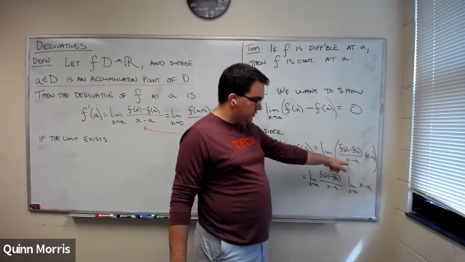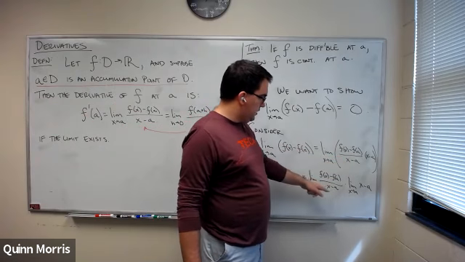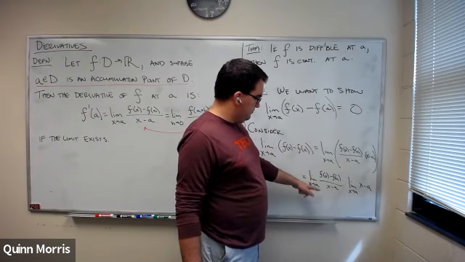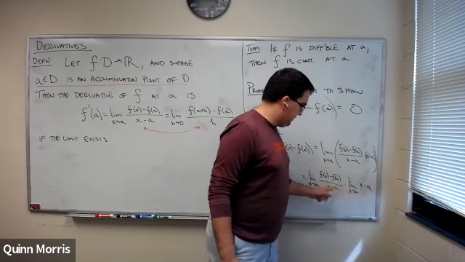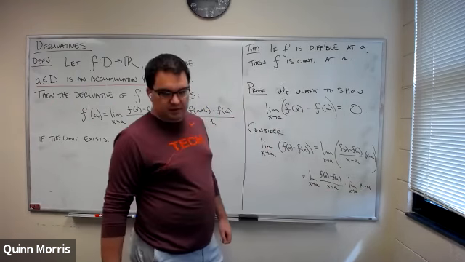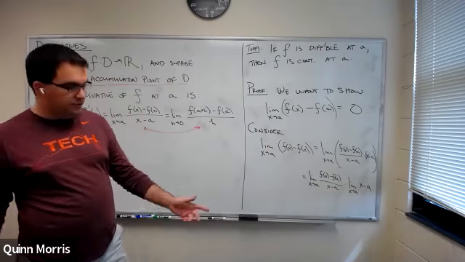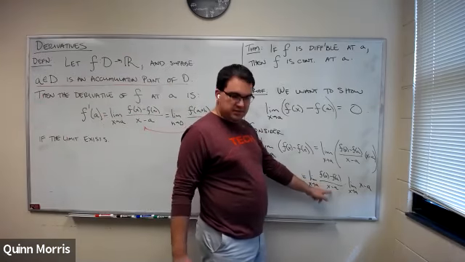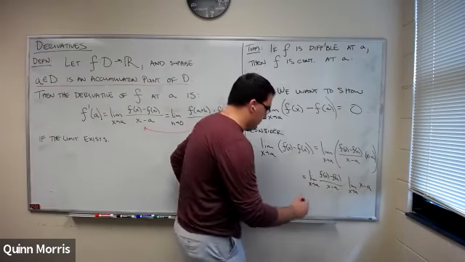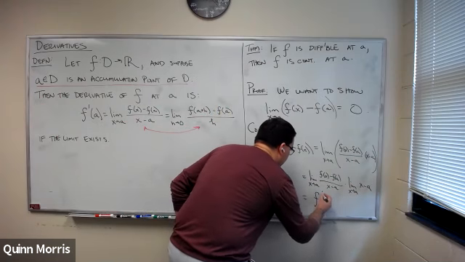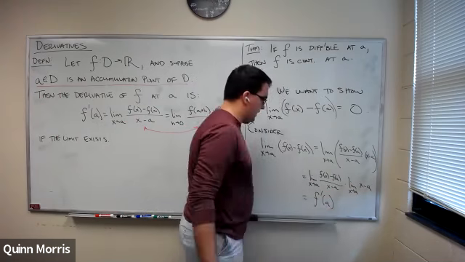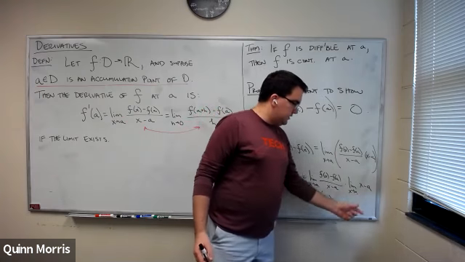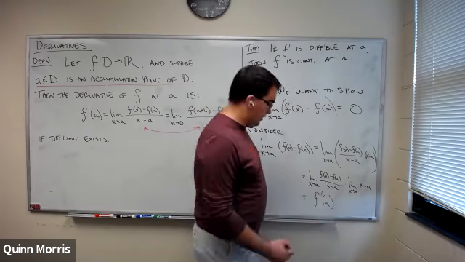Well, as long as I know that each of these limits exists, then I'm allowed to do this. And I know that this limit exists because this is by definition just the derivative. So this is f prime of a. This limit exists, it's just 0.